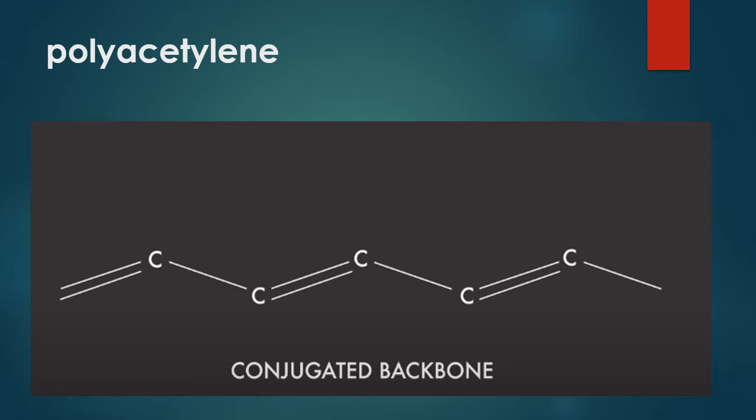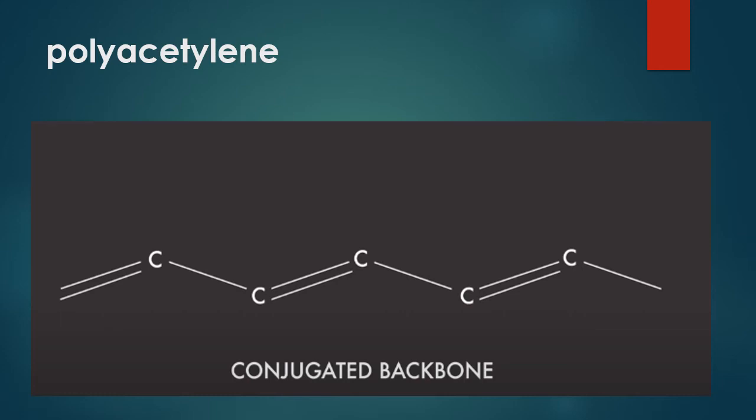Now let's take a look at a polymer like polyacetylene. Polyacetylene consists of an alternating pattern of single and double bonds holding the atoms of the polymer together.